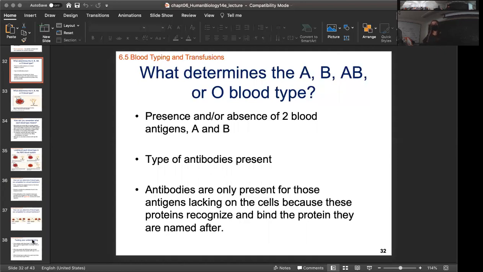The antibodies are only present for those antigens lacking on the cells, because these proteins recognize and bind the protein they are named after. So you can't have A antigens and A antibodies. That wouldn't work. Your A antibodies would attack your A antigens. They have to be opposite to work together.